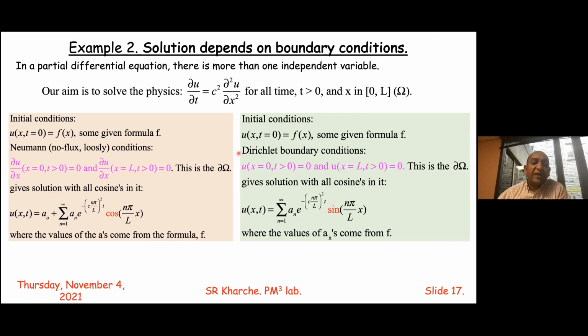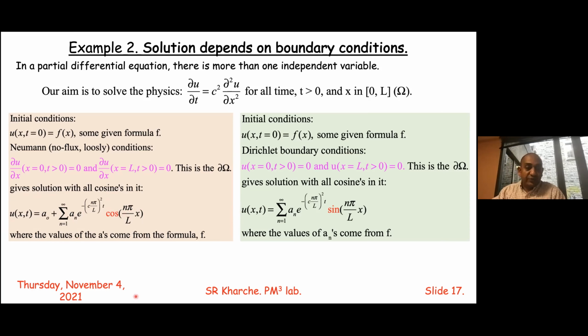And by some magic trickery, we might come up with general Fourier series solutions as shown towards the bottom of both boxes. So for Neumann boundary conditions, we might notice that we have a superimposition of infinitely many cosine functions. So there are many nodes. N takes integral values, but they are strictly cosine functions.